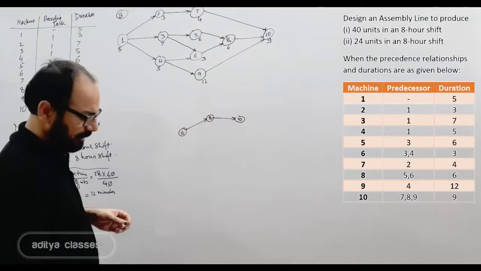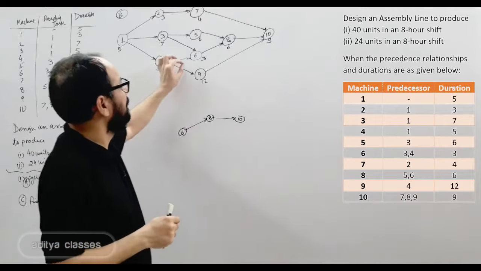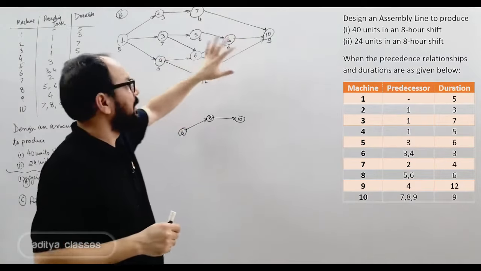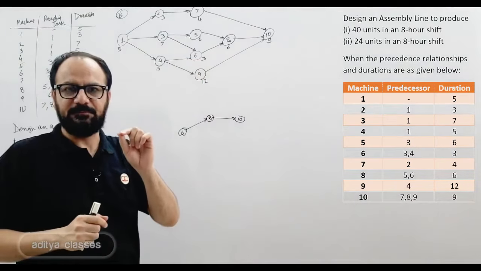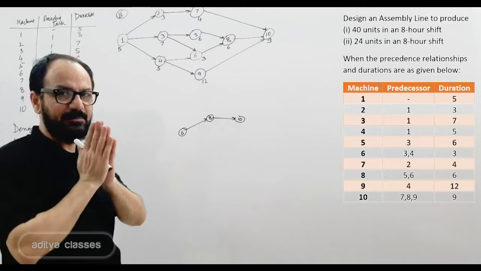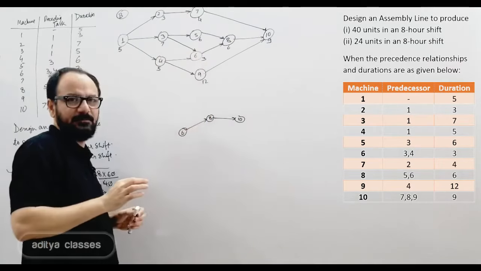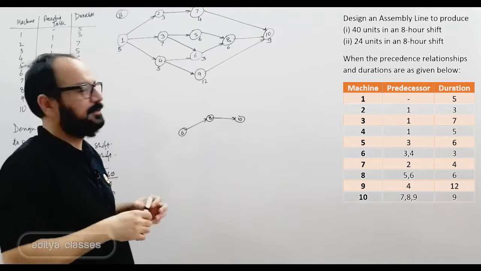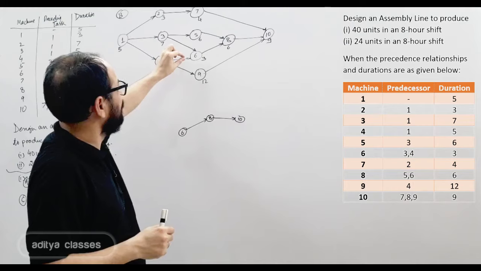So in a sense, if you wish to understand what machines the material will be flowing through, imagine that this is a network of transparent pipes through which water is flowing. If I put a drop of ink over here, let's say blue color ink, where will that blue color ink flow?